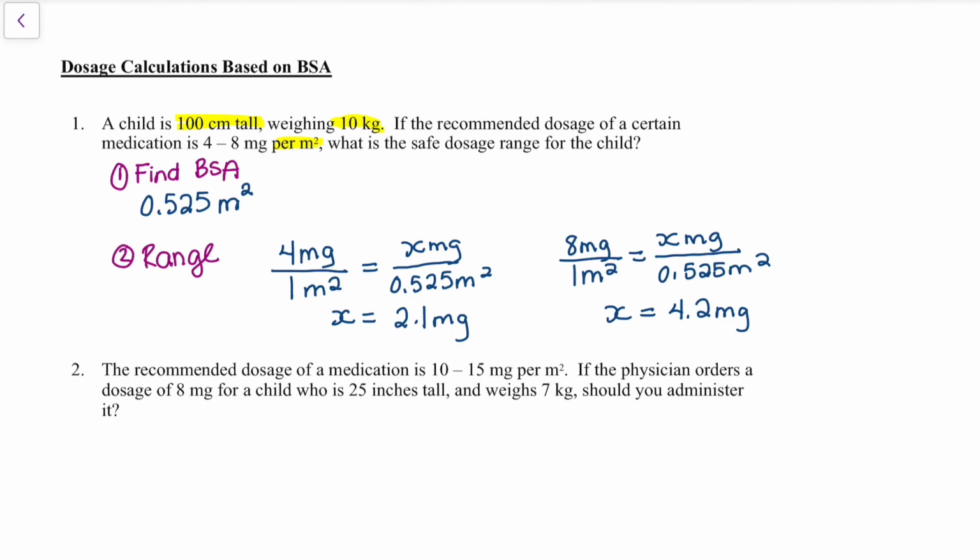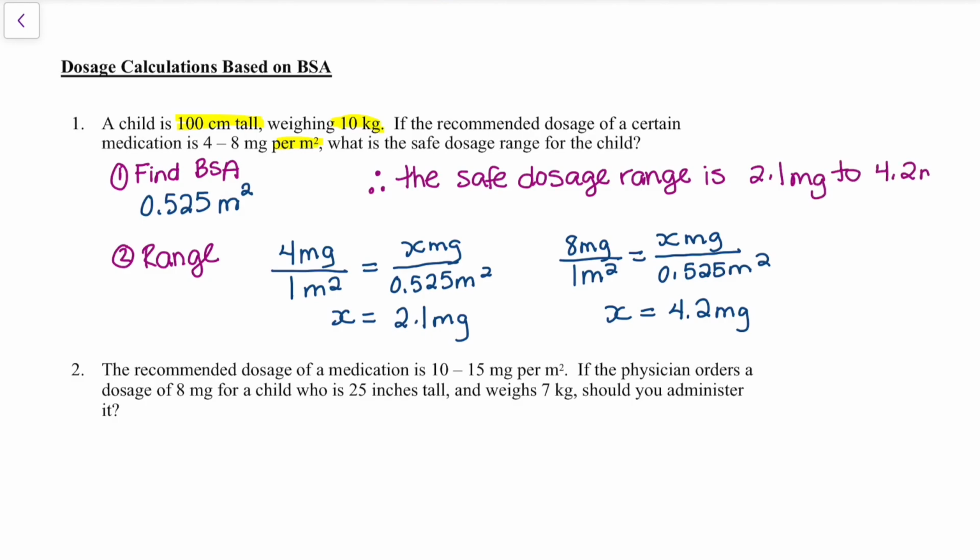So the safe dosage range is 2.1 milligrams to 4.2 milligrams. And the question doesn't give us if that's per dose or per day, so we'll just leave it at that.